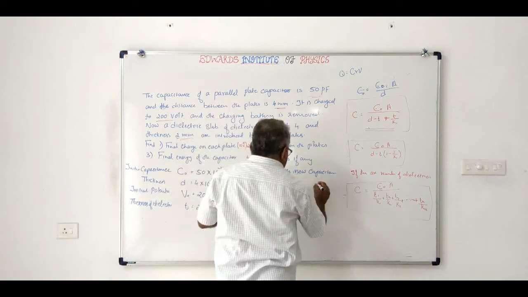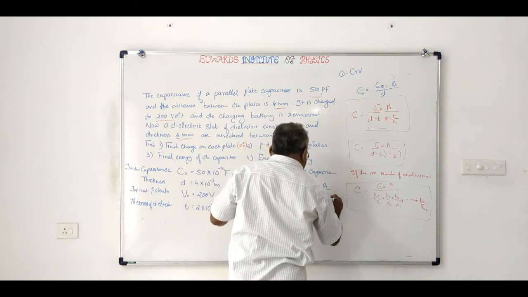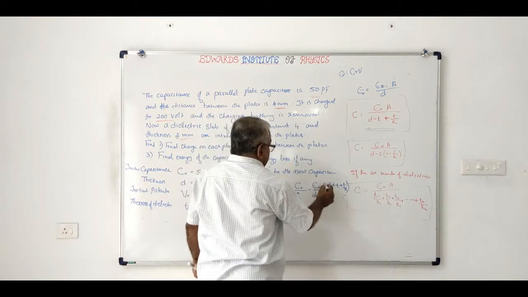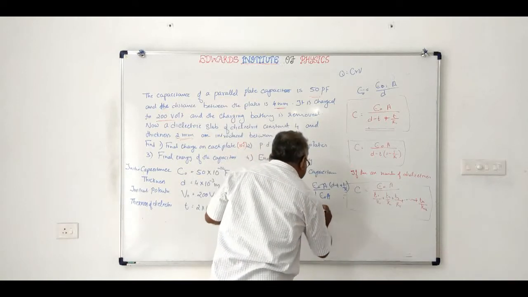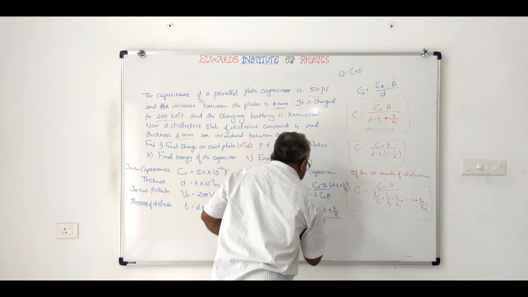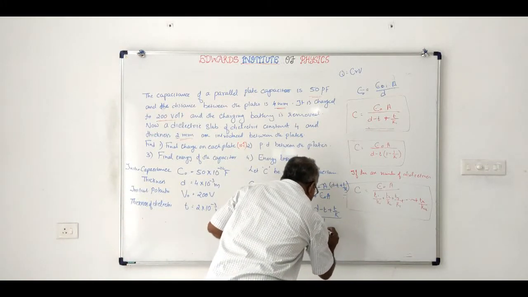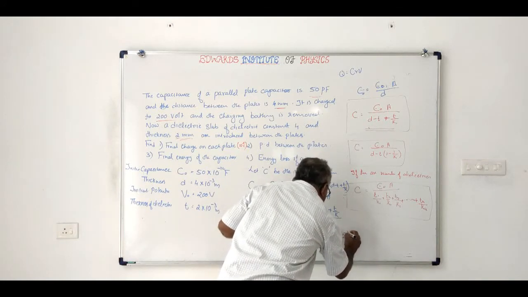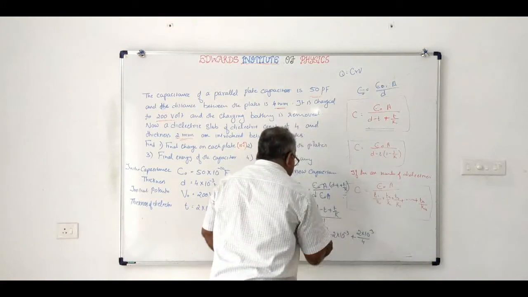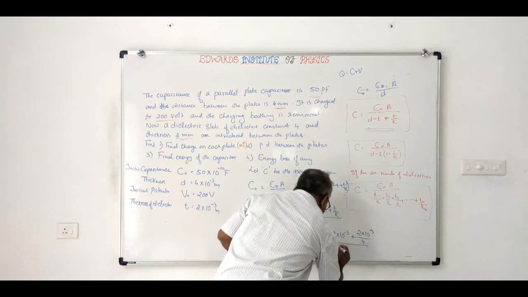C0 by C will be equal to epsilon 0 A by D divided by epsilon 0 A by D minus T plus T by K. That will be equal to D minus T plus T by K, divided by D. D is 4 into 10 raised to minus 3, so 4 into 10 raised to minus 3 minus 2 into 10 raised to minus 3 plus 2 into 10 raised to minus 3 divided by K, divided by 4 into 10 raised to minus 3.